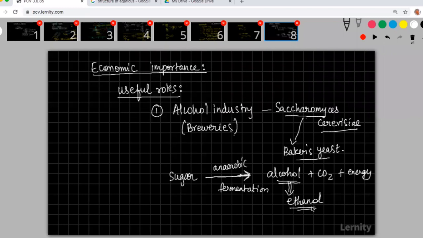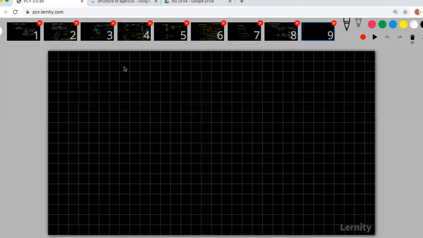Okay, so basically, all these drinks that people drink come from this only. Because of this fungus, they produce large quantities of these substances. So you have your wine. Wine uses grape as a substrate. You have beer. Beer uses barley as a substrate.